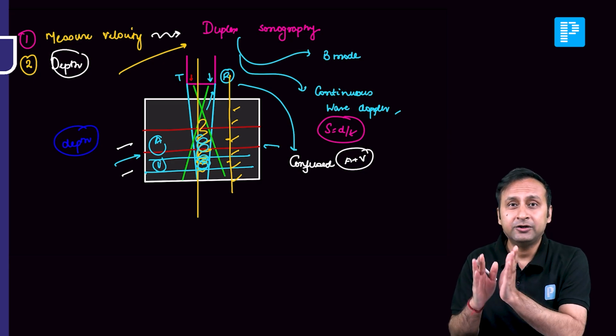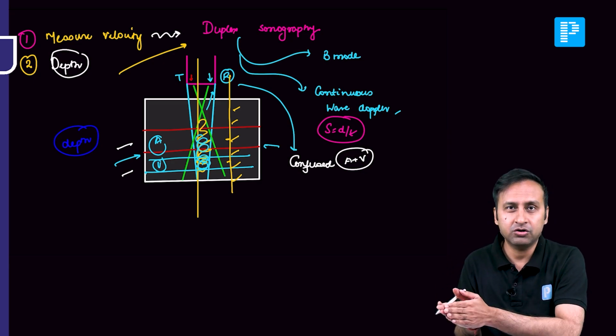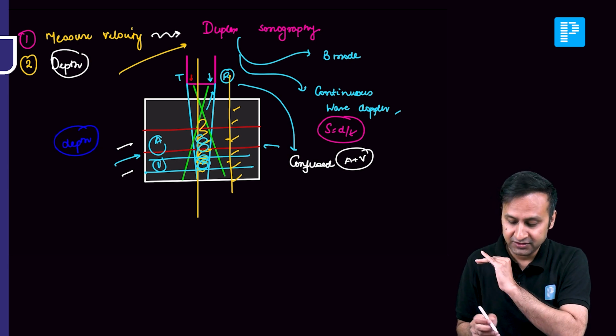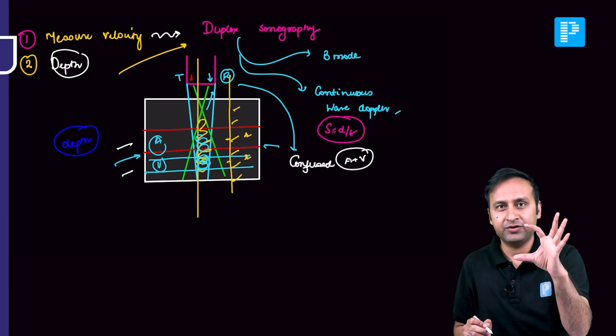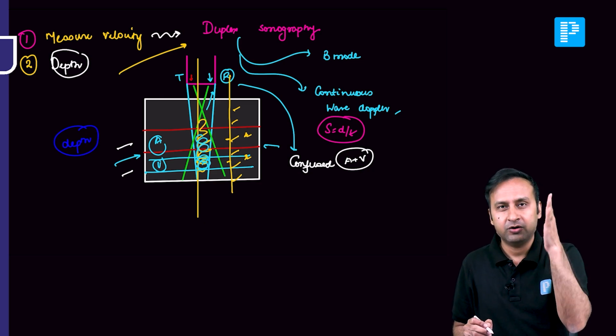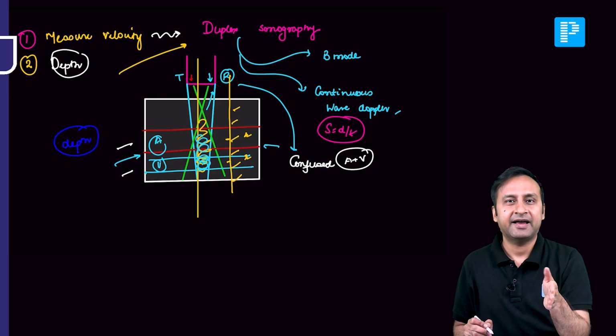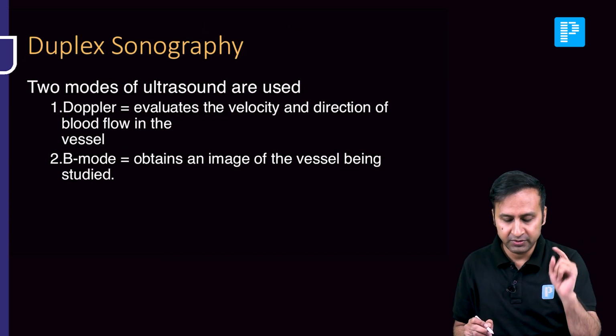So you actually don't know where this signal is coming from. You will get the signal, you get the velocity also, but you would not be able to tell whether this velocity is from the artery or from the vein, because the B-mode image that you've taken is going to be static, and the velocity measurements that you're going to get are going to be dynamic, and they're going to be a summation of both the artery and vein. So this is a major problem with duplex sonography.